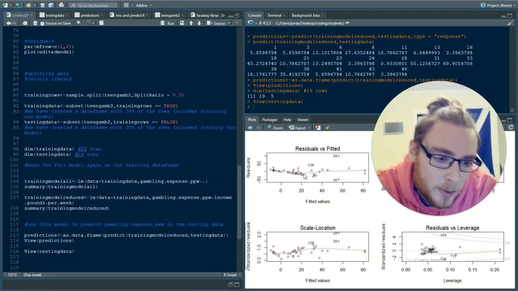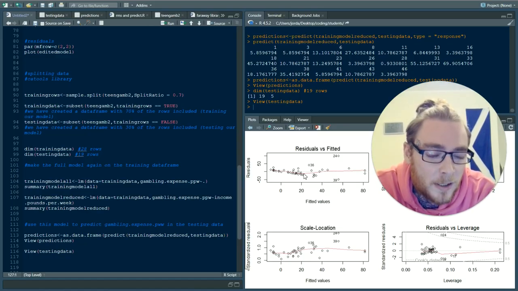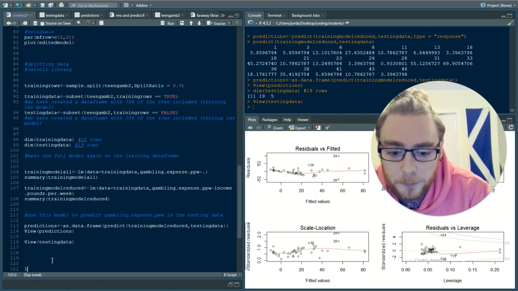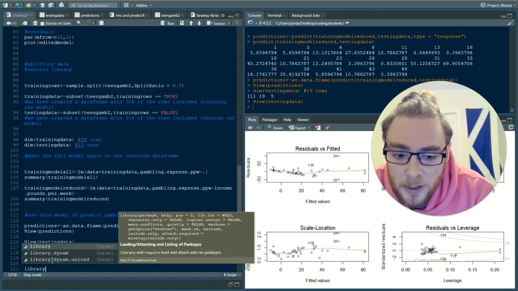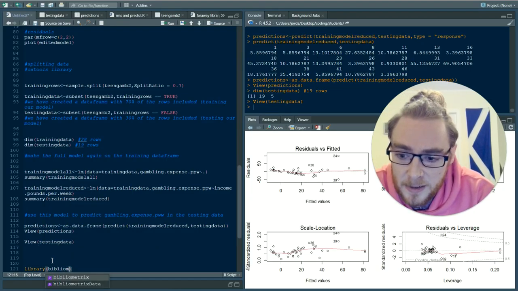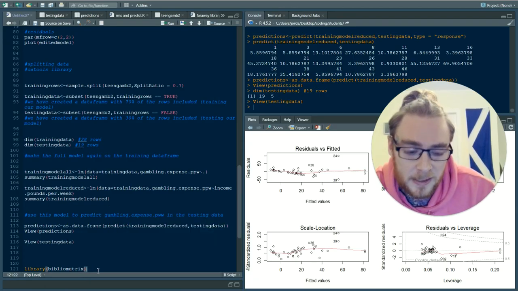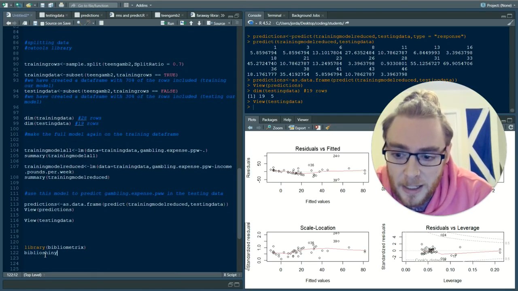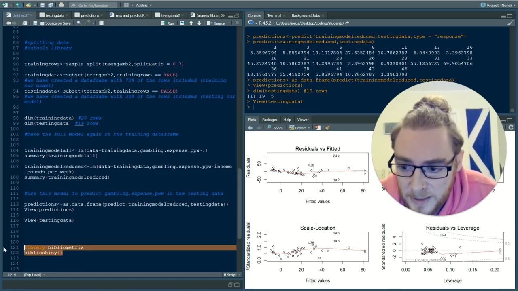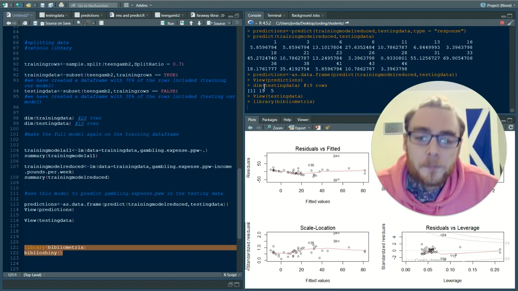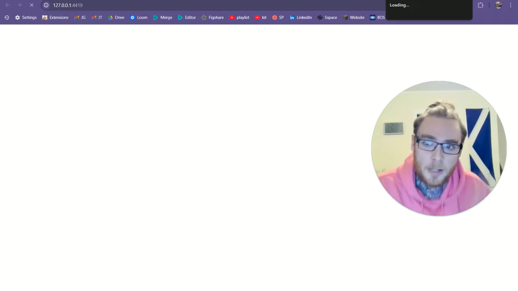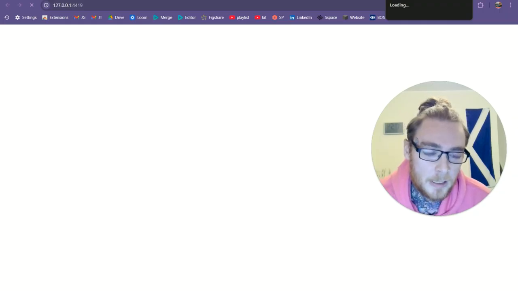Last thing is, I was going to make a video today about bibliometrix, which is a library that I can just briefly show you. It's a library that you can use to do bibliometric analysis, and it's really nice because it's an app. It links you to an internet website. I think this is a way forward with these kinds of apps, linking to HTML on the internet, where you can actually do stuff without necessarily having to use code.